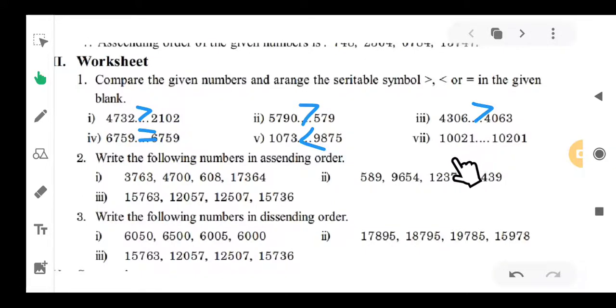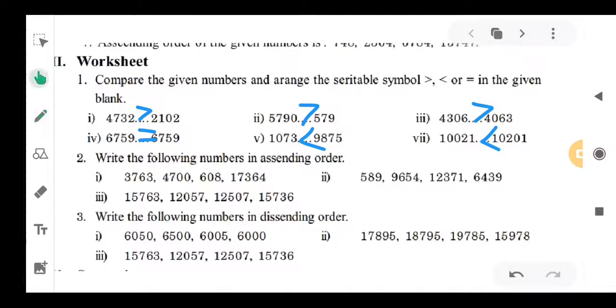So go for next. In this is 0, this is also 0. So go for the next one. This is 0 and this is 2. So 2 is bigger than 0. So this number is the bigger one. So we have to put a less than symbol. Okay. So this is the first bit.